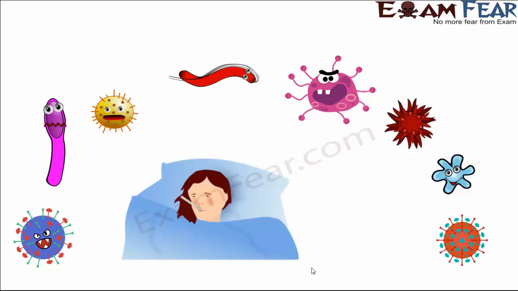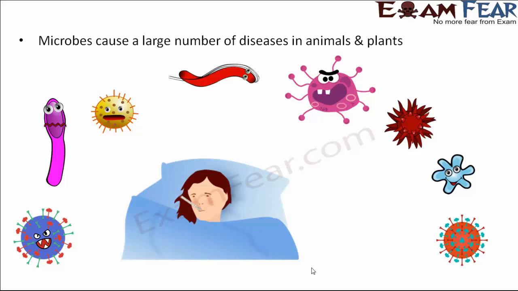But in this lesson, our focus is not only to talk about the harmful microorganisms, but also to talk about the friendly microorganisms, because there are quite a few microorganisms which also help us in a number of ways, but their help is not that popular amongst us. So we are first going to talk about the friendly microbes, and then we will take up the harmful microbes.